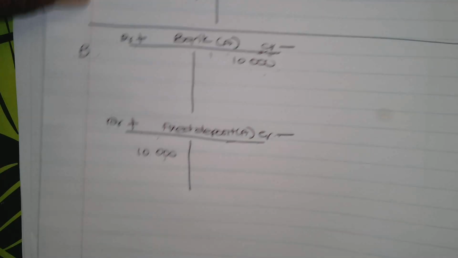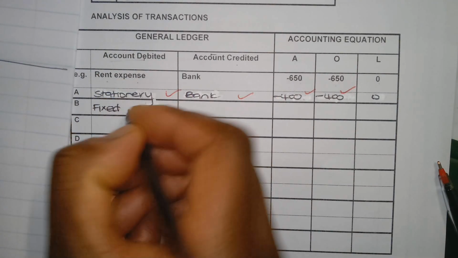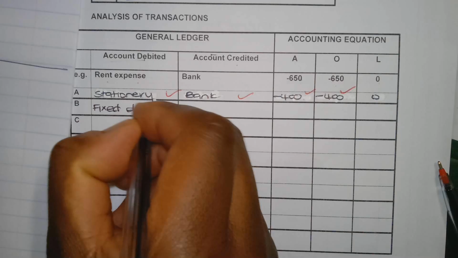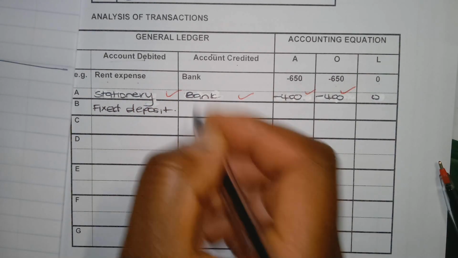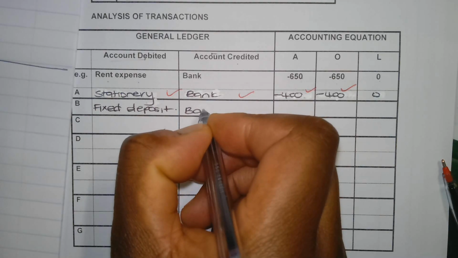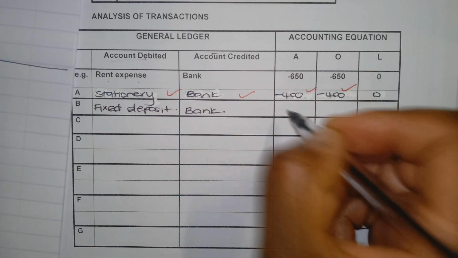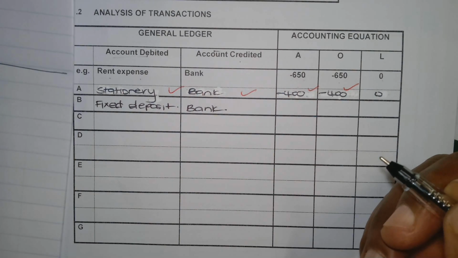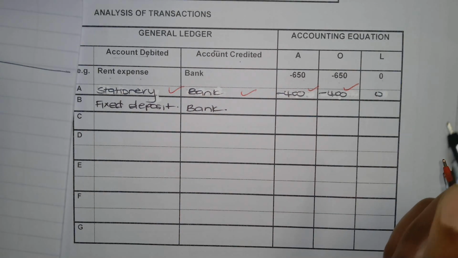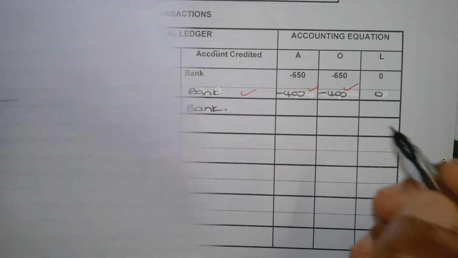From the two, the account that was debited was fixed deposit. So you start with fixed deposit. Then the account credited is bank. We're going to write bank. And then the amount under asset would be how much?